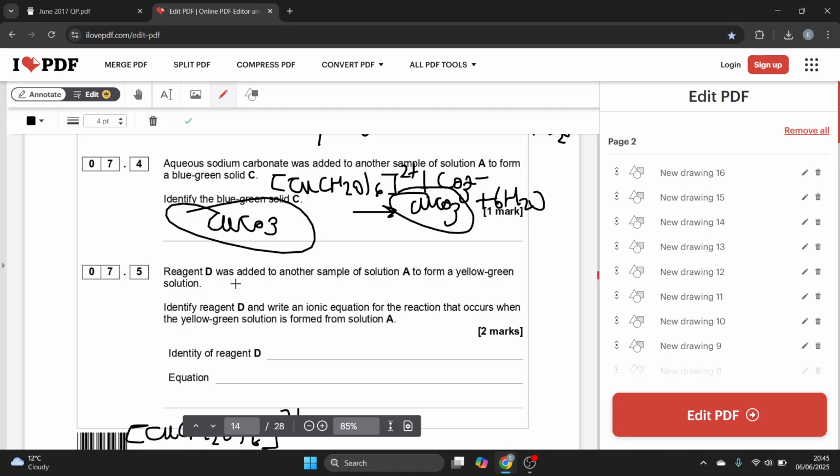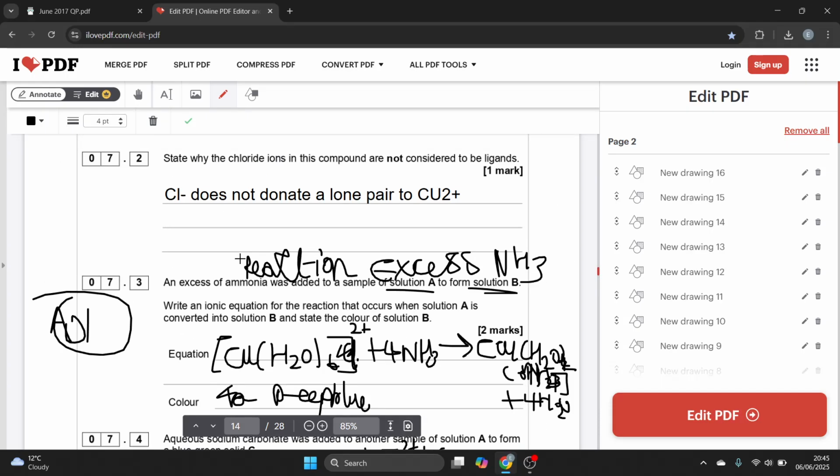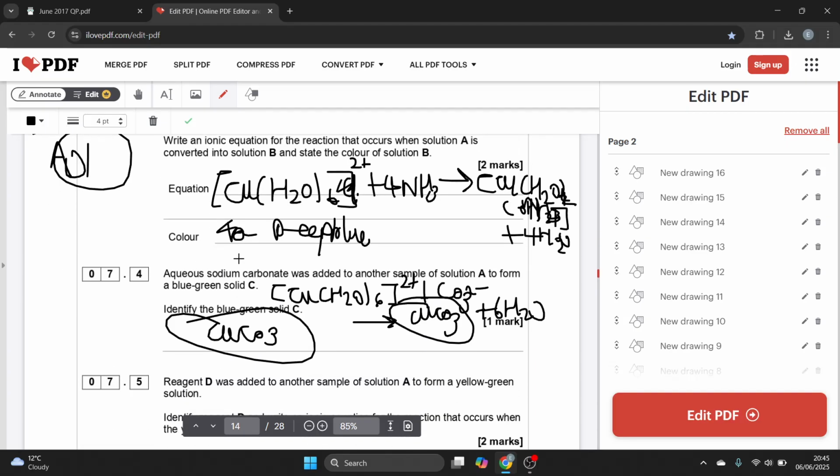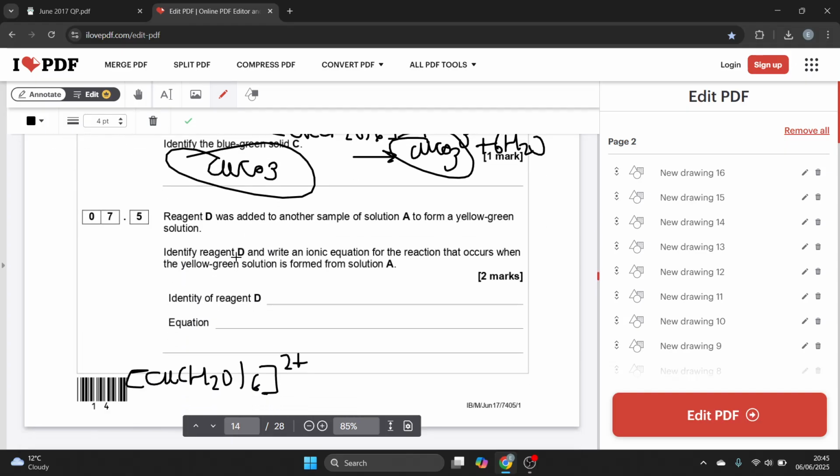I've added carbonate ions. I've added excess ammonia. What else can I add? Reagent D. So it's either hydroxide ions or chloride ions. Because it says reagent D was added, therefore it's going to be hydrochloric acid.